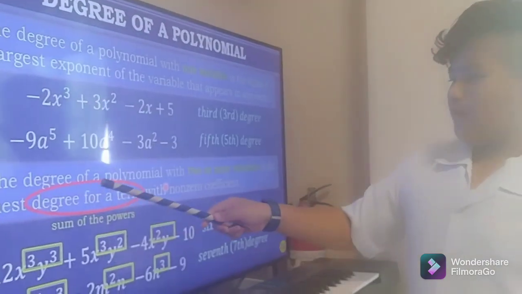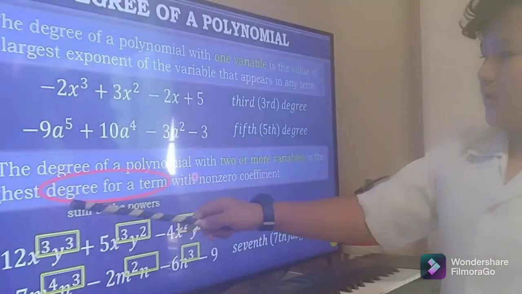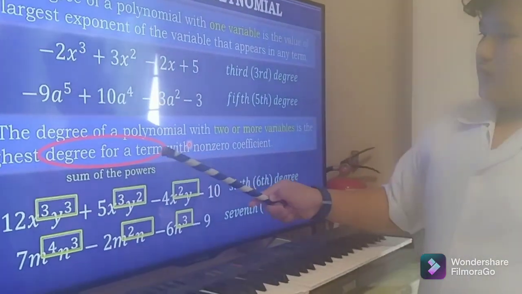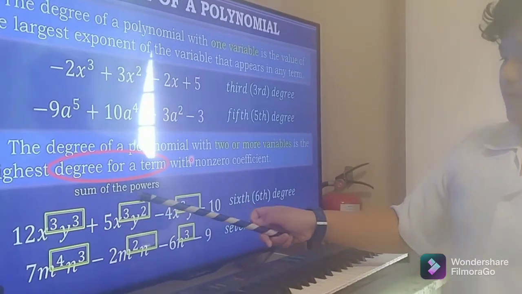The degree of a polynomial with two or more variables is the highest degree of a term with a non-zero coefficient. We have to find the degree of each term by summing the powers.